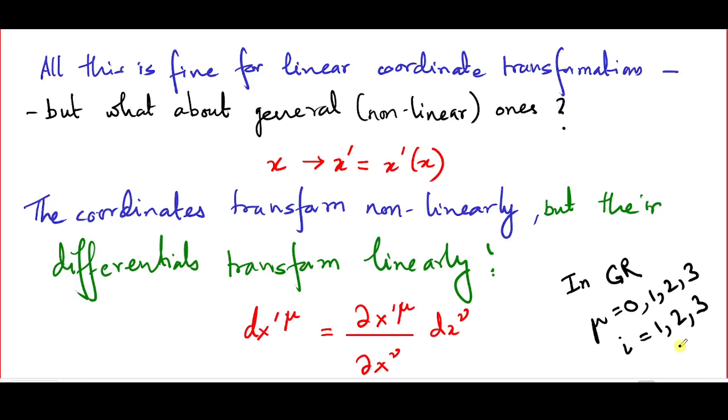But that's just a convention which is used in GR and to some extent in special relativity as well. However, we will not really be following this convention too much in what follows because we are not really going to talk about general relativity explicitly.